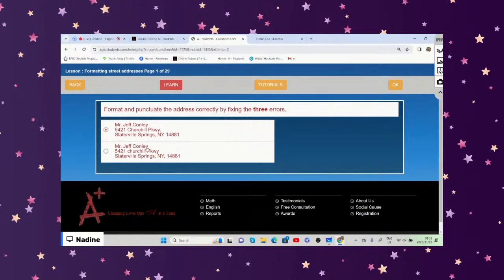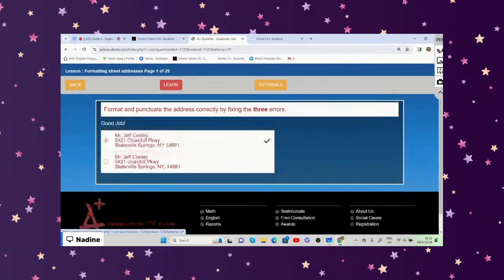Slaterville Springs, punctuation mark, which is a comma. New York, or NY, which is the state, and then our zip code is 14881. So we're choosing the first one. And the first one is correct.